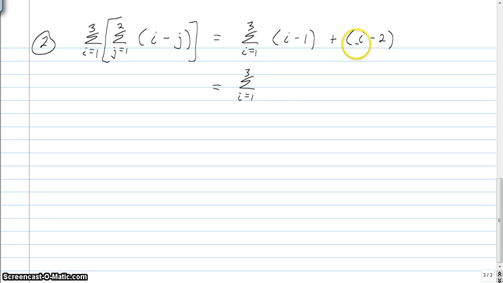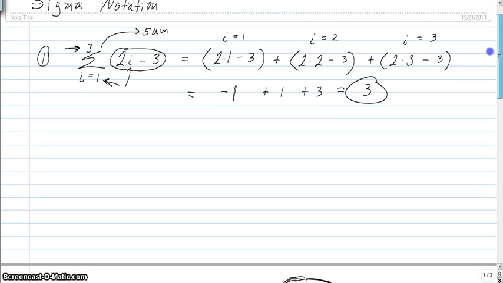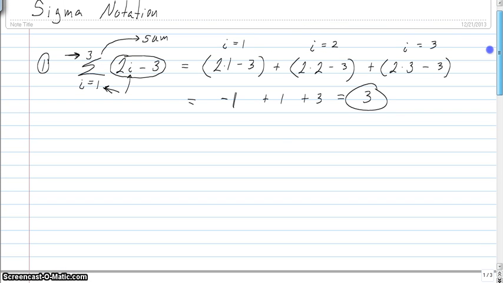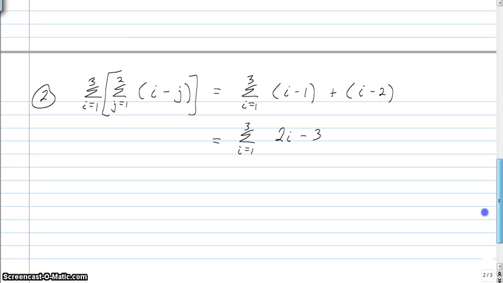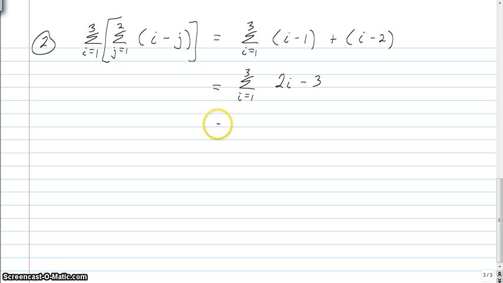What I plus I is 2I, and then negative 1 minus 2 is minus 3. And actually that was an accident, but I think that turned out to be exactly the first sum that we did. Right, so let's say we forgot about that. Now we would just apply the regular sigma notation like normal.